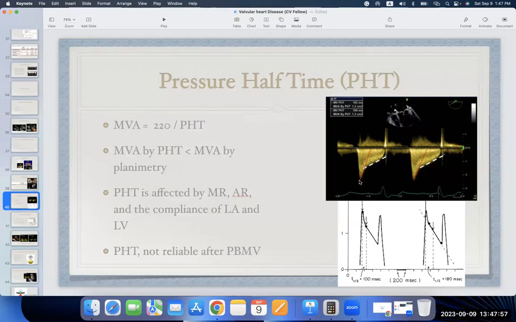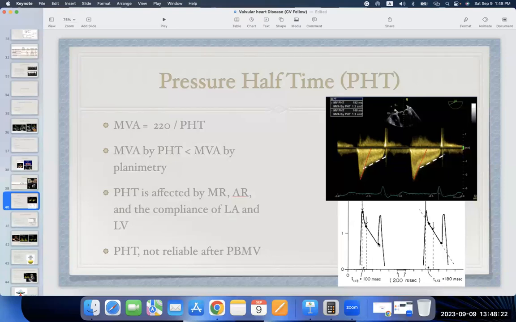To measure the pressure half time, you basically place the line on the curve. But it's very important that sometimes the curve will be bimodal. Bimodal means we will have a steep line at the beginning, and then a slower reduction in the pressure gradient.